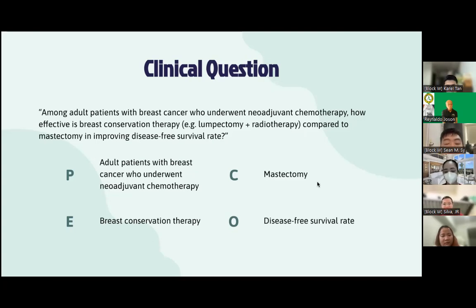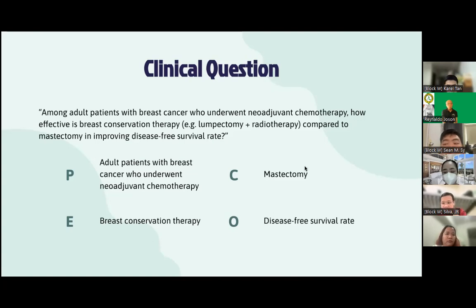Our exposure was breast conservation therapy plus radiotherapy, which was summarized to breast conservation therapy because it is standard of care to receive radiotherapy after breast conservation therapy. Our control was a mastectomy, which is the alternative treatment, and our outcome was disease-free survival rate.